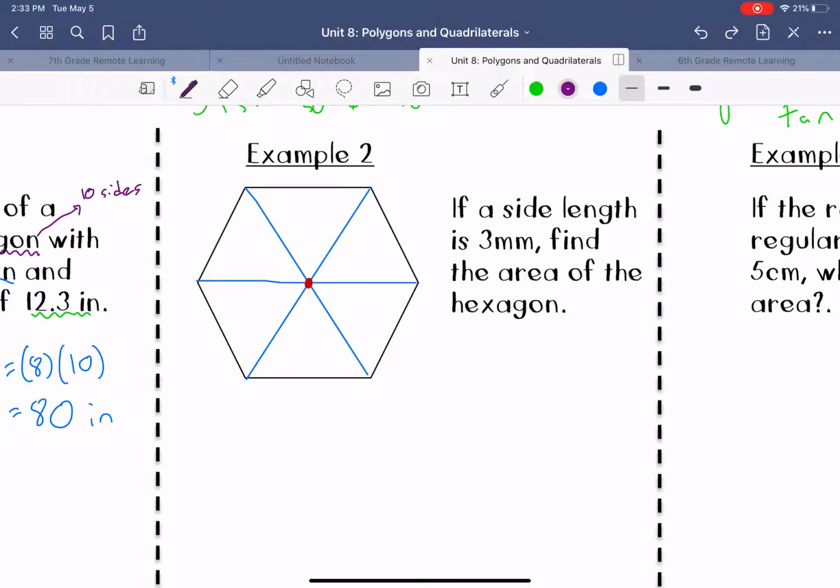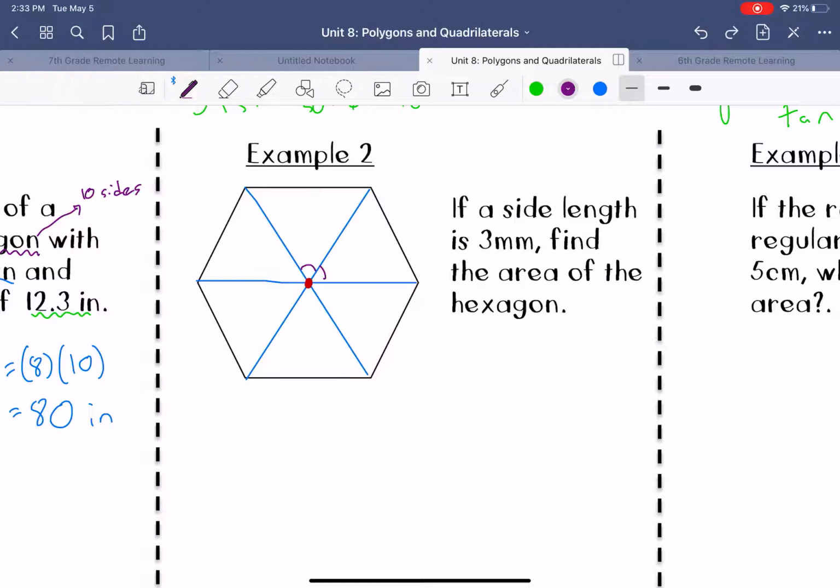Okay, and so we're going to use those 2 facts to figure out what some of our angles are. So the first thing I'm going to talk about is the central angles. The central angles are each of these angles right here that are made up of the radii in the center. All of those central angles are going to be congruent because these are congruent triangles.